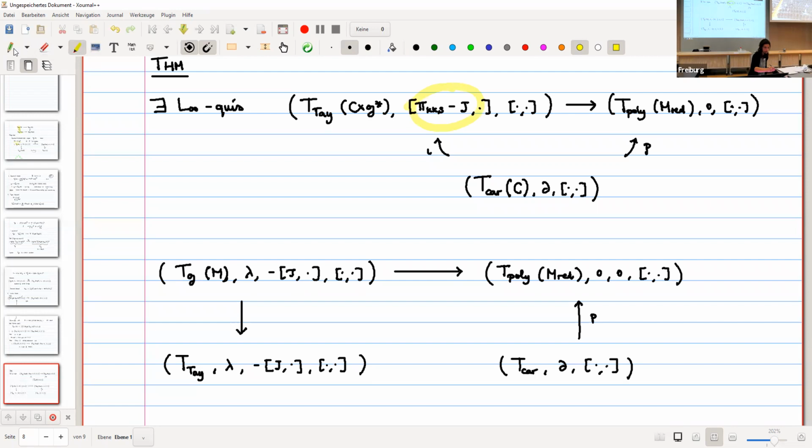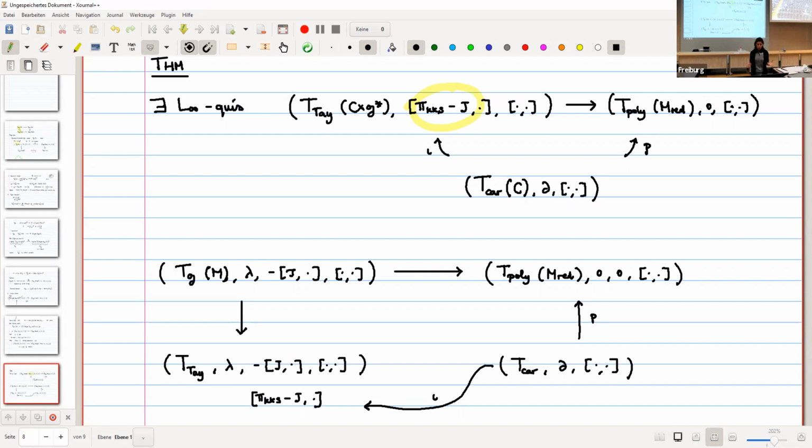So what I did is constructing an arrow iota that goes to this complex, but with another differential. That's my iota. So how do we do that? How do we solve this?